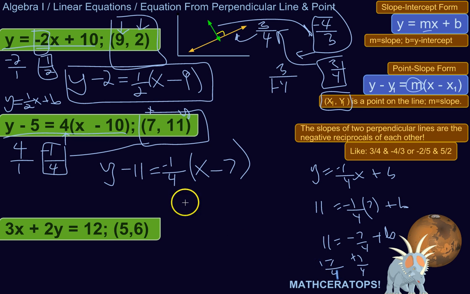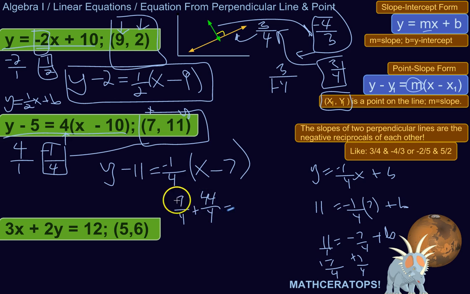So let me do this over here. 7/4 plus 11. If I'm going to add fractions, I need a common denominator, so it's going to be something fourth. This is like 11 over 1. To turn that 1 into a 4, I multiply it by 4. That means I should multiply the top by 4 as well, so this will be 44/4.